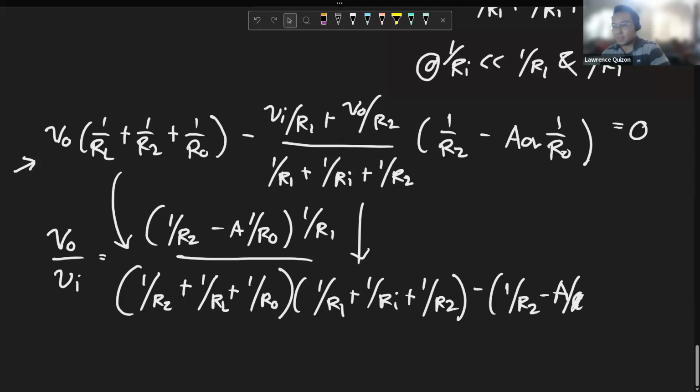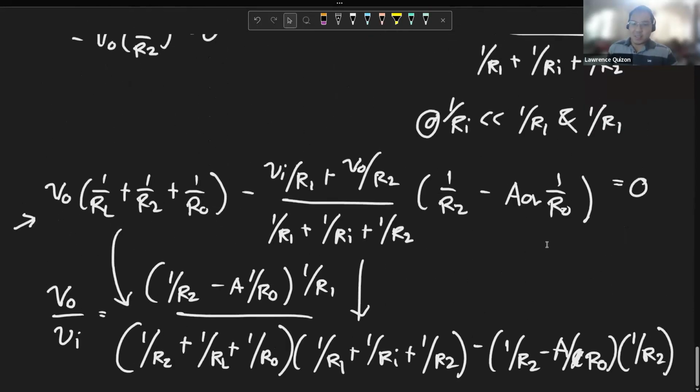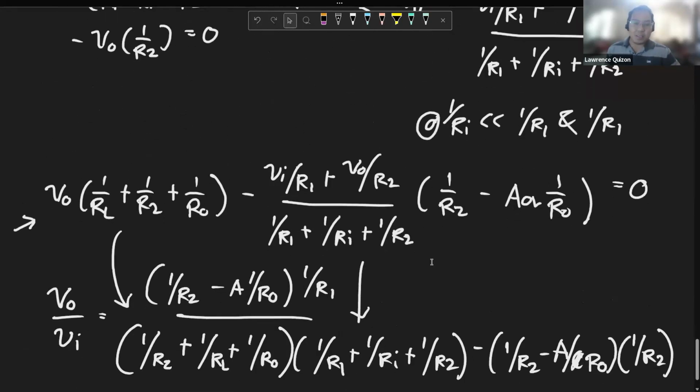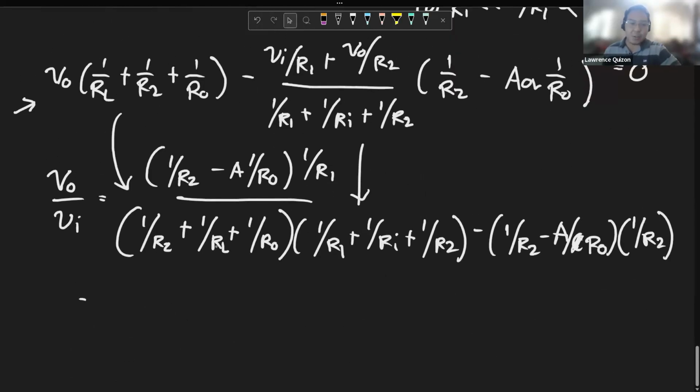A over R out times 1 over R2 dito sa labas, no? And, I did tell you, it's going to be ugly. It's hard to do this algebraic manipulation. But this is the real answer, no?